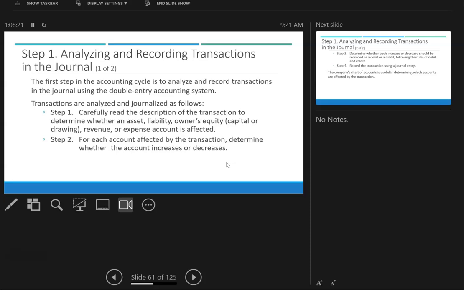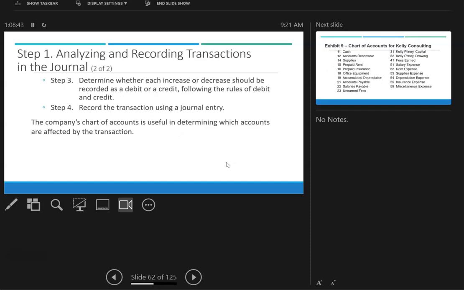system. We record transactions. We carefully read the description of the transaction to decide, is it an asset, a liability, owner's equity, revenue account, or expense account? And then for each account, we determine whether the account increases or decreases.